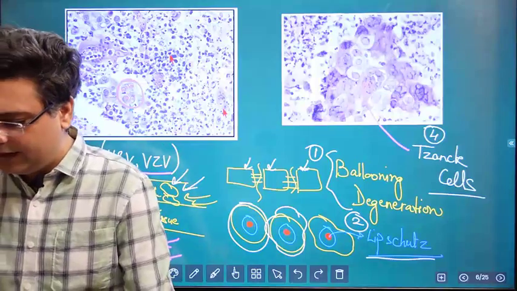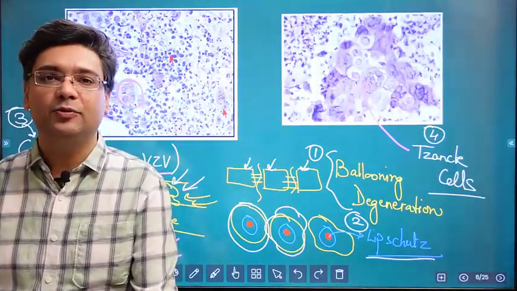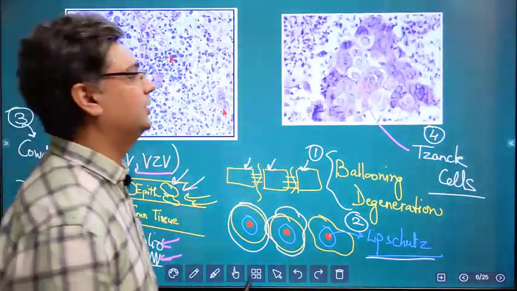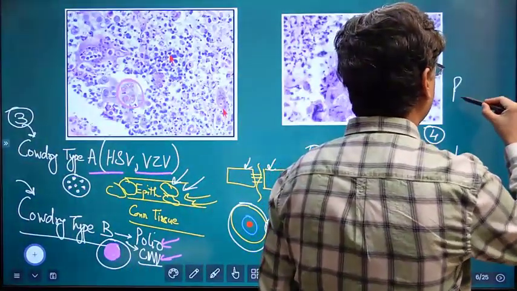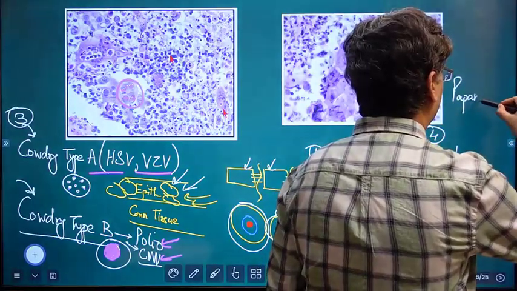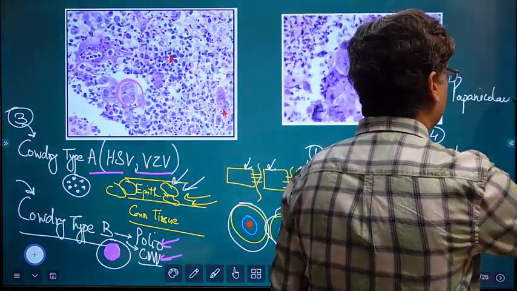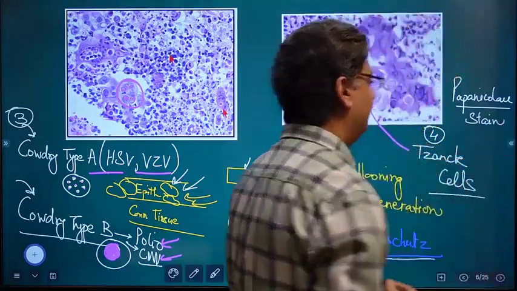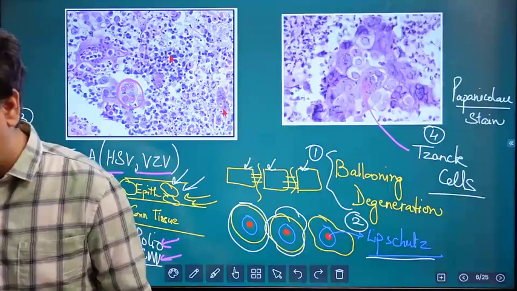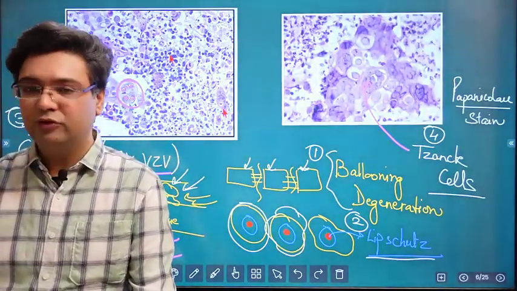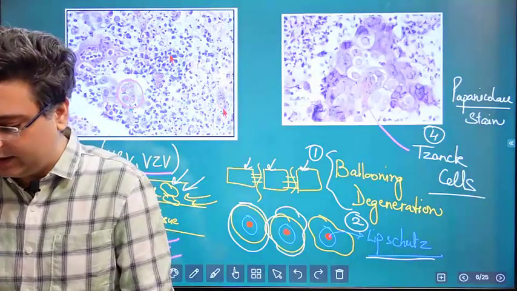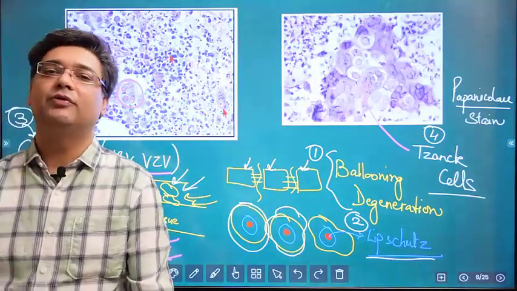Sometimes another stain is used for detecting herpes, which is called the Papanicolaou stain. This Papanicolaou stain can also be used for detecting varicella as well.